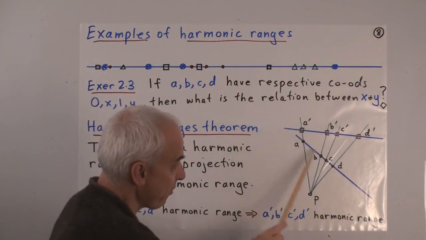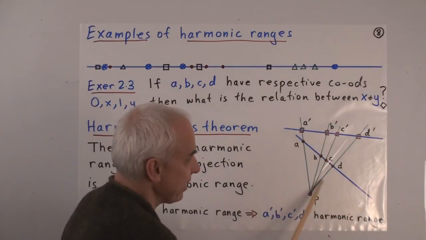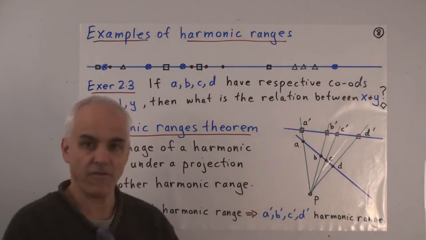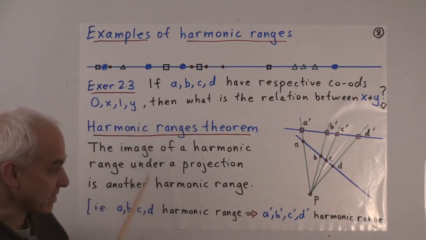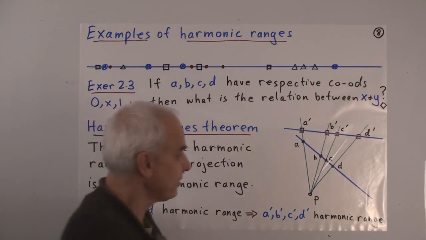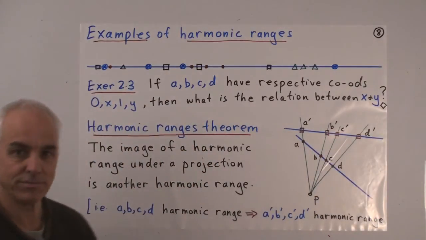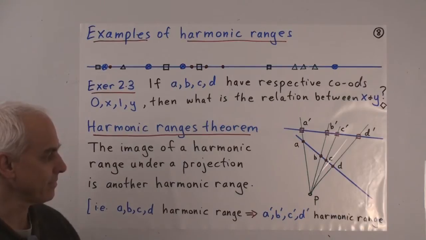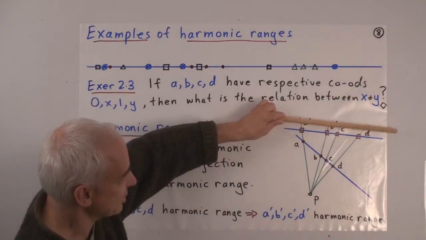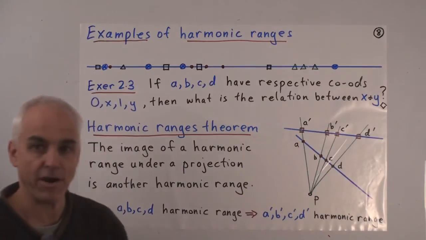And we're projecting the 4 points on the first line to 4 points on the second line, A prime, B prime, C prime, D prime, by joining everything to the point P, thinking of that as a projection from the point P. And the claim is that these 4 points on this line form a harmonic range too. And of course, we could use any line. It's not just these two. We could choose any line, and it would meet those 4 green lines in a harmonic range.